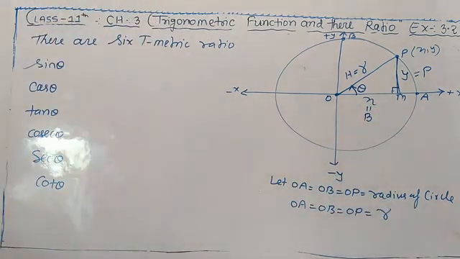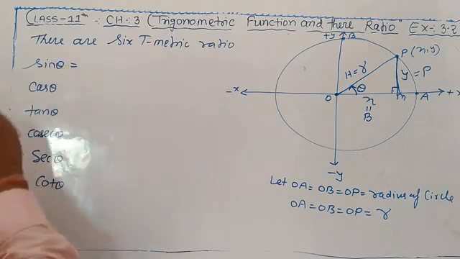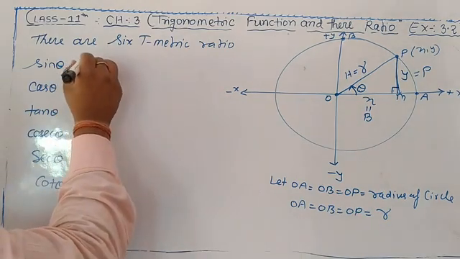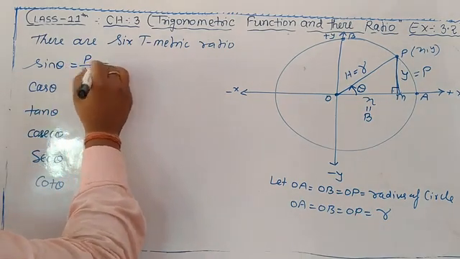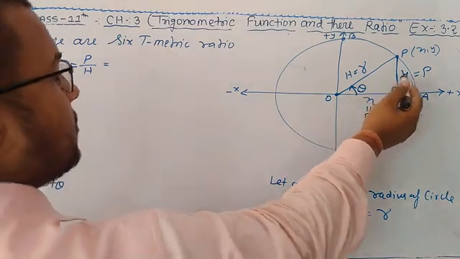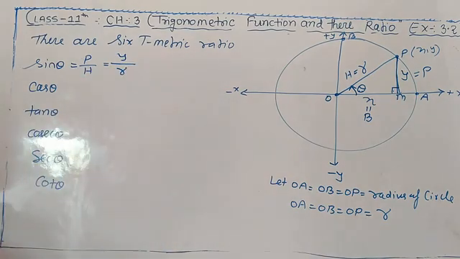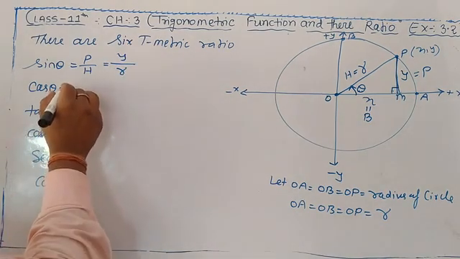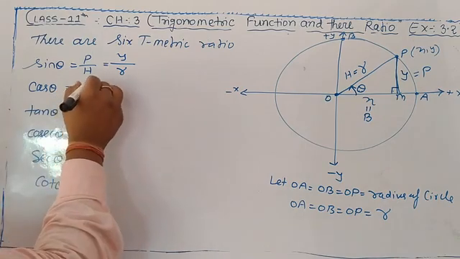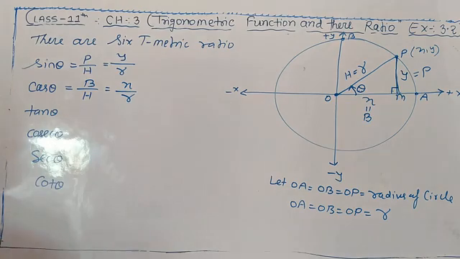Very important, student. The first trigonometric ratio, sin theta, is defined as perpendicular upon hypotenuse, which is y upon r. Next, cos theta is base upon hypotenuse, x upon r.